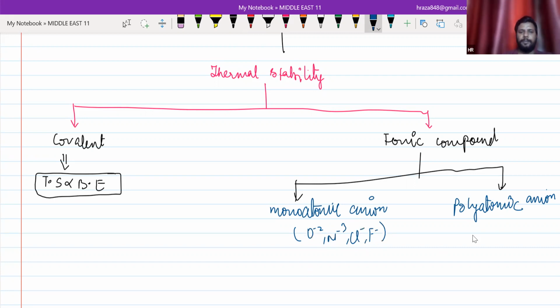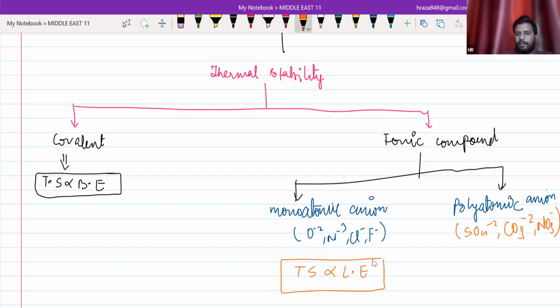Polyatomic anions are like SO4 minus 2, CO3 minus 2, NO3 minus, etc. Is that clear? If it has a monoatomic anion, then thermal stability is directly proportional to lattice energy. In that case, you arrange it by lattice energy and it is directly proportional.